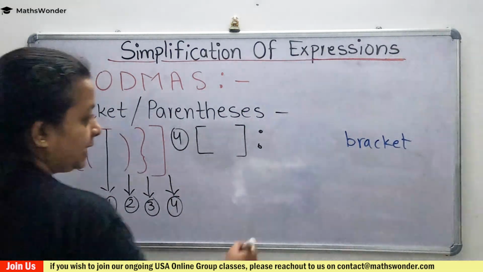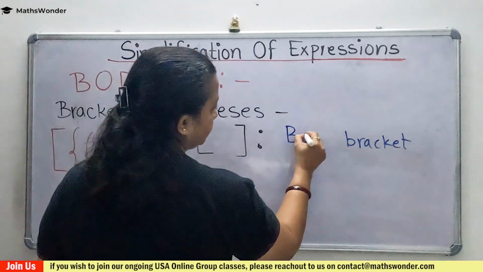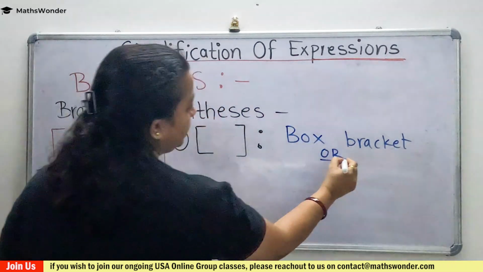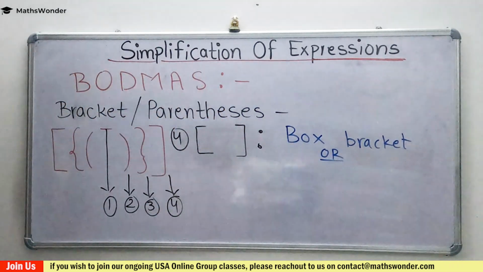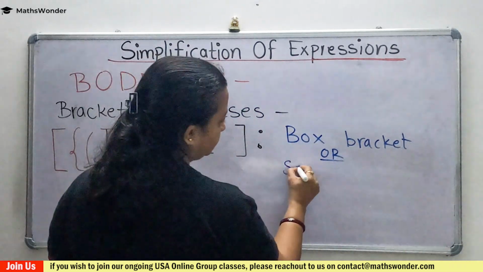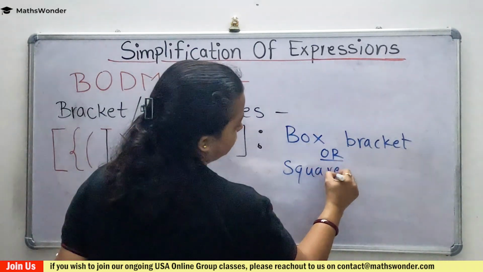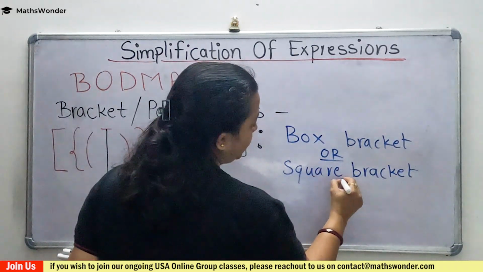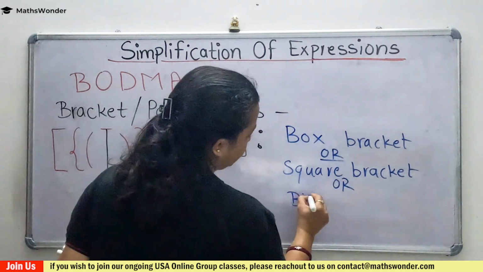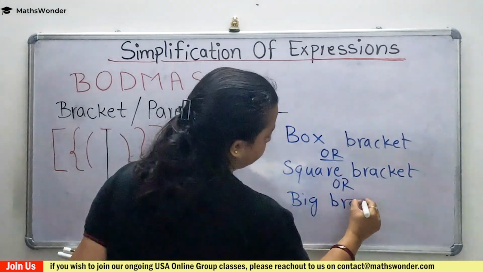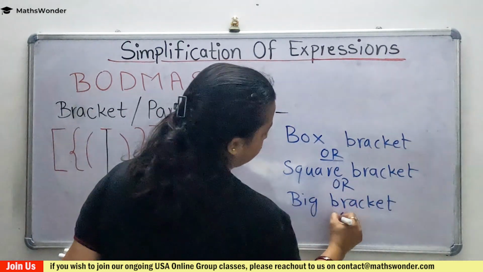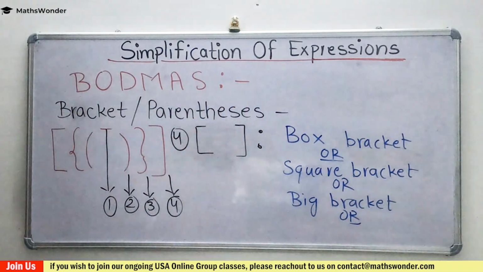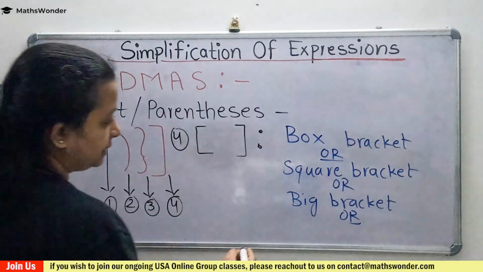Now box bracket. This is called a box bracket, or another name is square bracket. The shape is like a square, or big bracket, and the fourth is rectangular bracket.